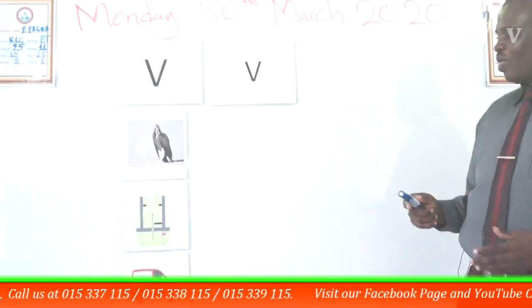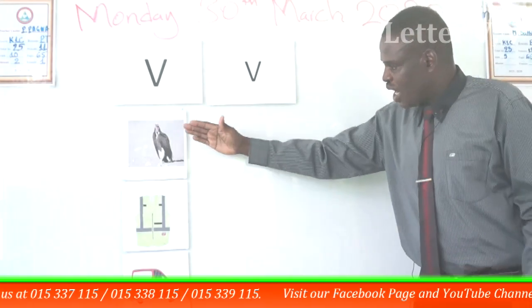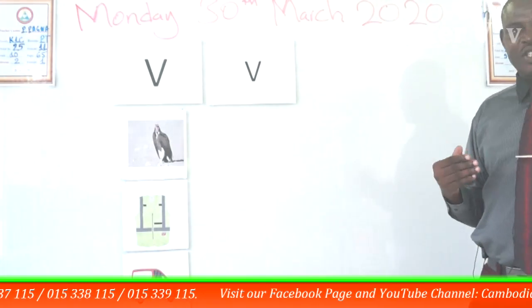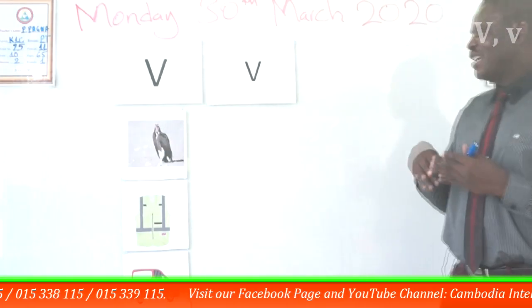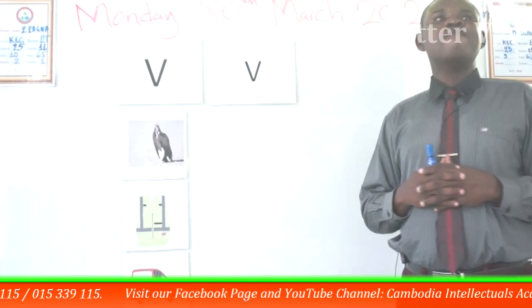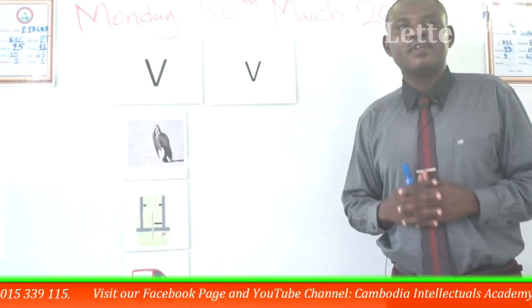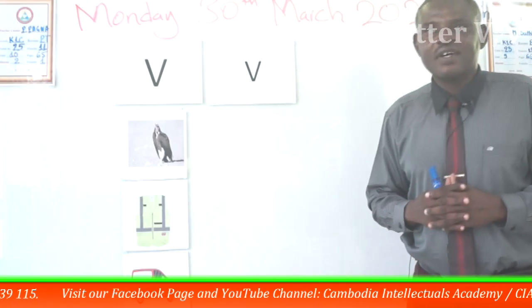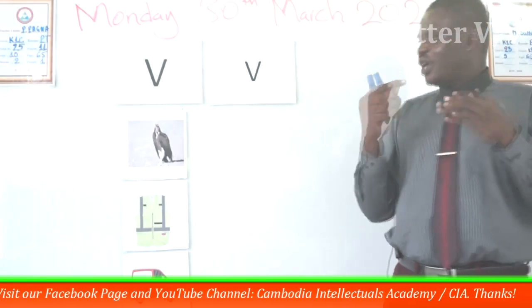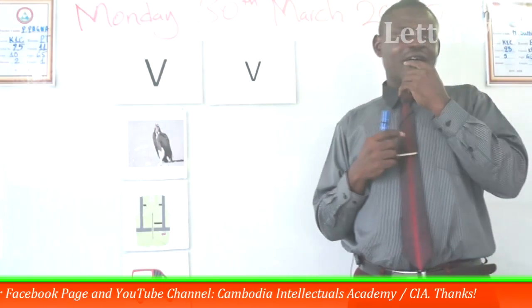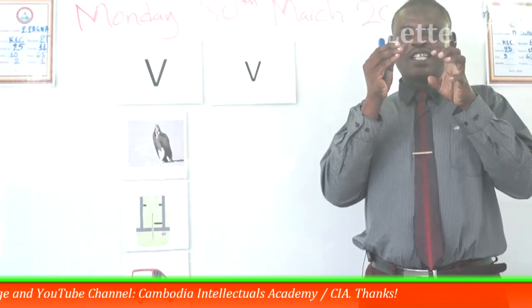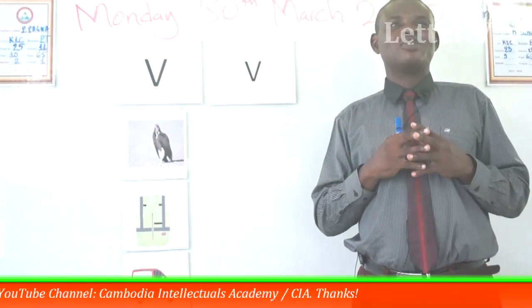To help us pronounce these photos and any other word that starts with the letter V, the sound will sound like this. V. Everybody. V. V. V. As I've already demonstrated, anytime you want to pronounce V, remember that your teeth will be on your lip, then the air that comes out will help you to pronounce it.